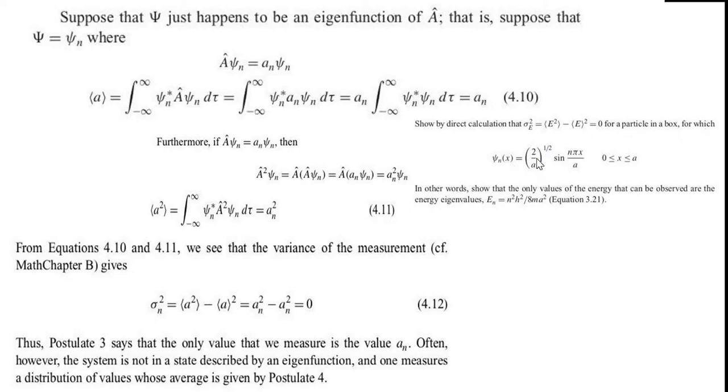So apparently it looks like a big problem: a psi is given to you, and you have to know the operator for particle in a box, h cap, and then you have to find E average by applying the average formula, then take its square, and in another case you have to take the operator square and then take its average and get the value, and now you take the difference, you are supposed to get 0.